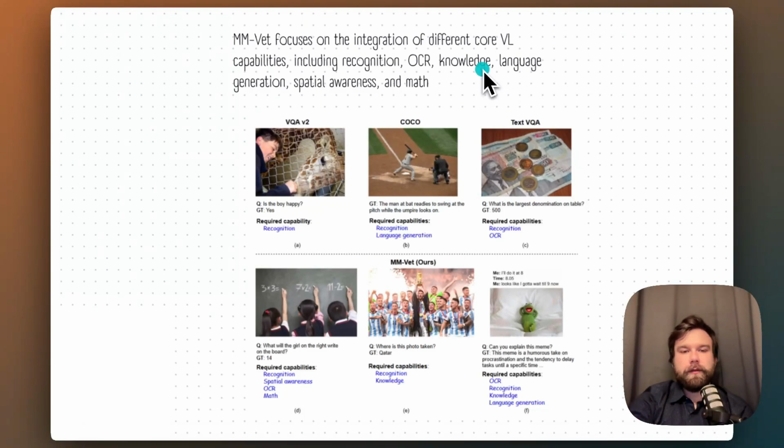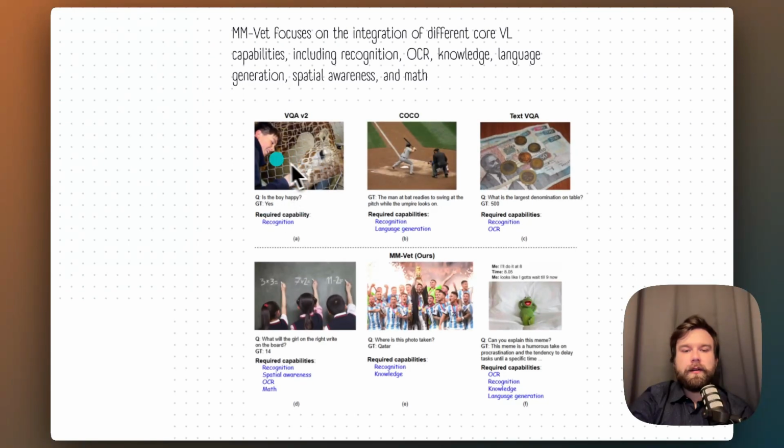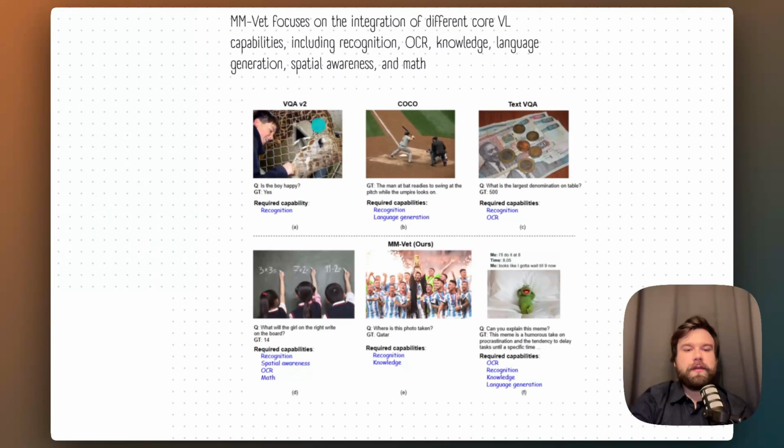They compare themselves in this benchmark to other benchmarks, and as you can see, in most of the benchmarks, the questions are rather straightforward, like is the boy happy? So it is something that can be easily inferred from the image. Or for example, right here, what is the largest denomination on the table? No deep thinking, just a straightforward answer based on analyzing the image.